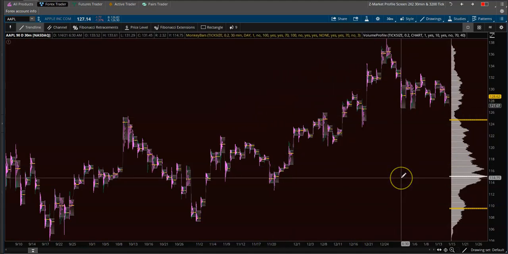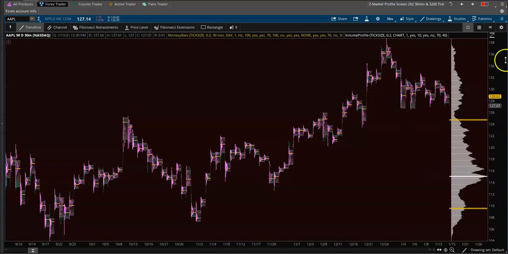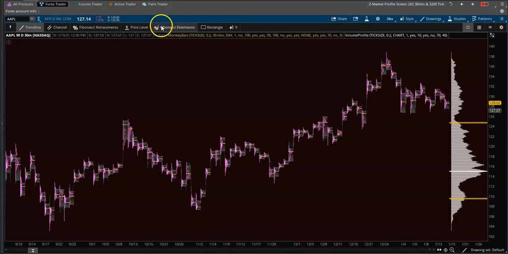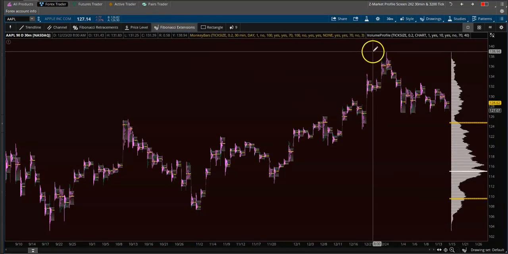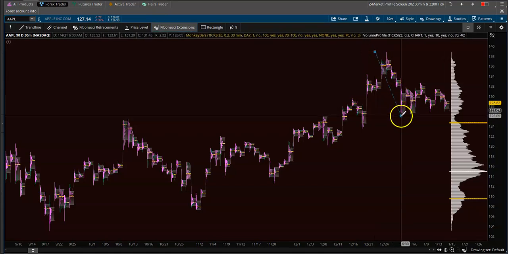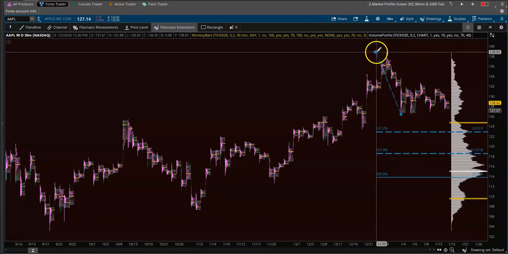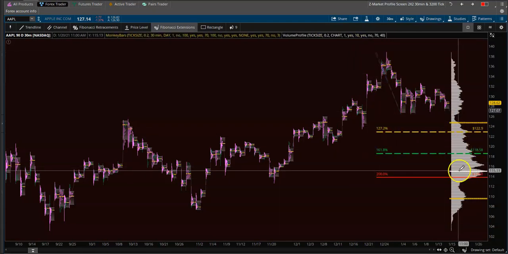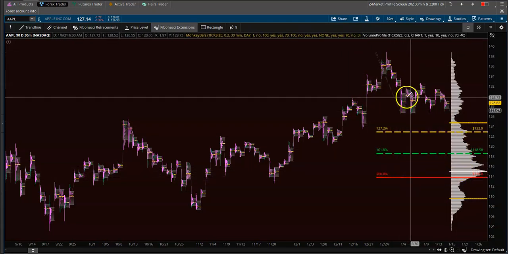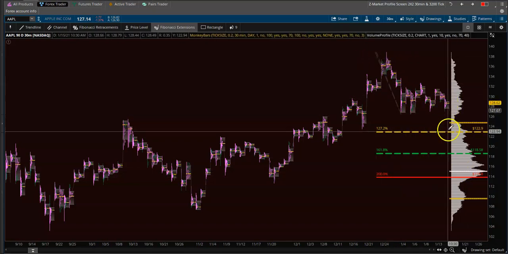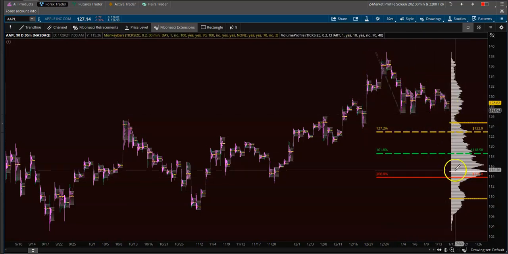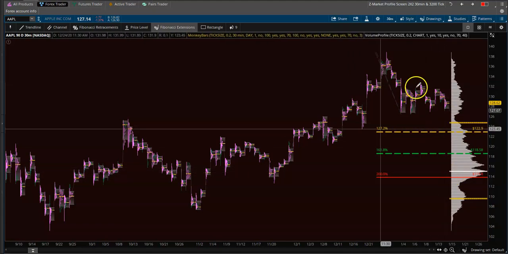Hopefully that helps with looking at how to really read this market profile. If you want to take it one step further, let's grab our Fibonacci extension and go from high to low all the way back. Is there confluence right here? The 200 extension, this pattern, the target of this whole leg comes right down to around the 114, 115 level.